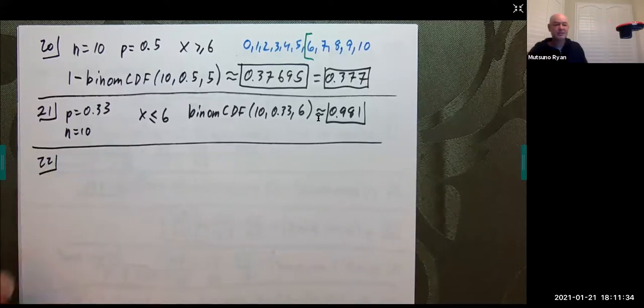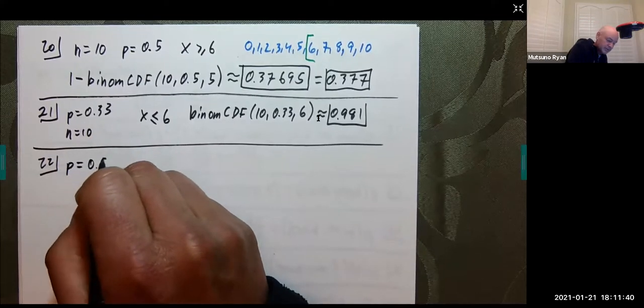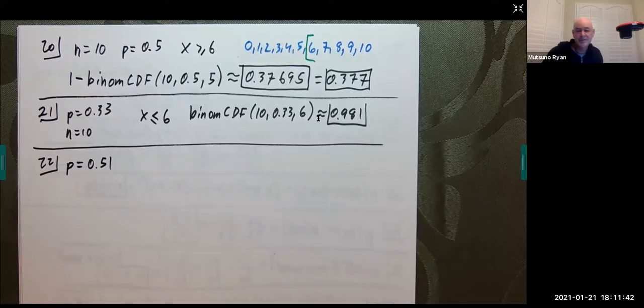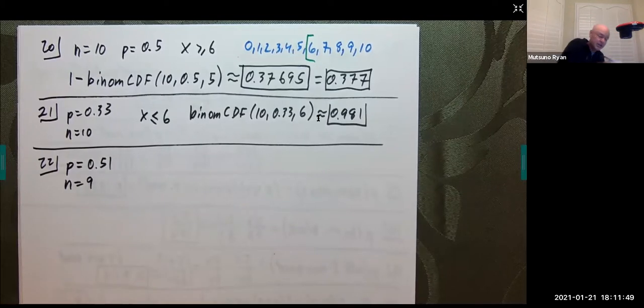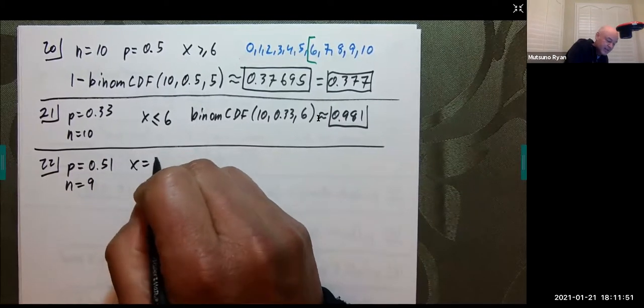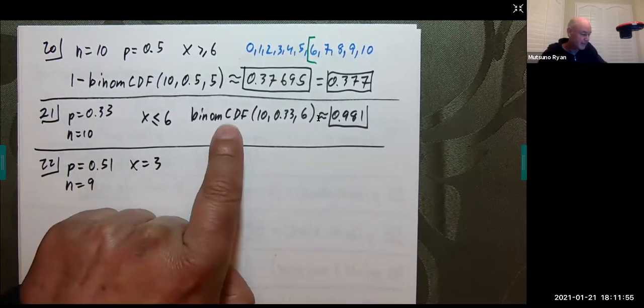Number 22, a tennis player makes a successful first serve 51% of the time. That's our P. If she serves 9 times, there's my N. What is the probability that she will get exactly 3 serves in? X equals 3. Now, the first 2 were inequalities, so we used CDF.